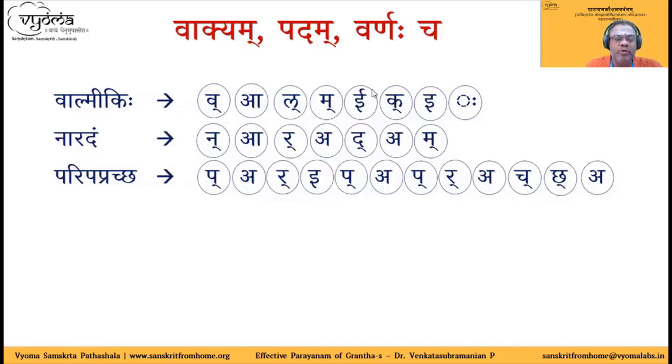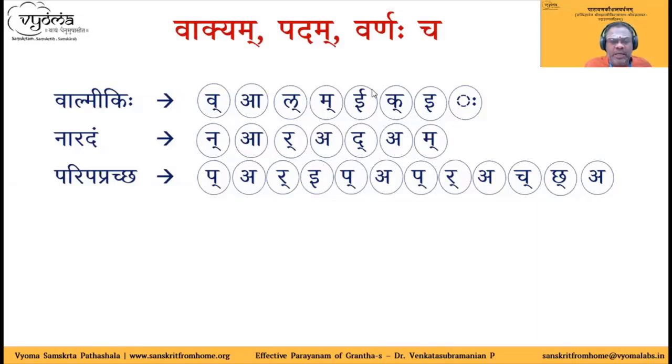From that shloka, you get this Vakya, Valmikihi Naradam Paripapracha. It has got 3 words, 3 padas. Valmikihi Naradam Paripapracha, 3 words. So this is the pada. These 3 are words. Individually, they are called pada. Valmikihi and Naradam are Subanta, nouns. Paripapracha is a Kriyapadam or a Tiganta.